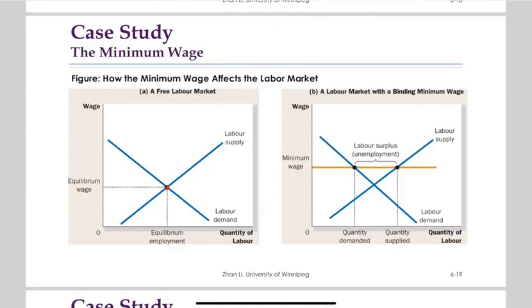So in this case, the labor quantity supplied is larger than the labor quantity demanded, so there will be a labor surplus. Then what does labor surplus mean? Well, it is unemployment. So basically the result here is that in a competitive market, if we impose a binding minimum wage, then there will be higher unemployment.